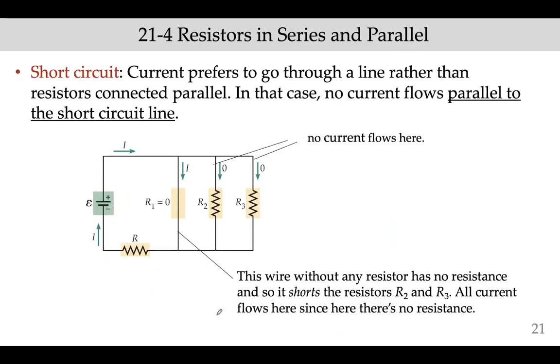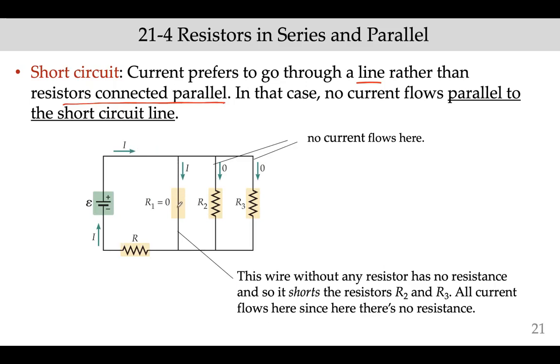Okay, let's talk about short circuit now. Current prefers to go through a wire without any resistance rather than through resistors connected in parallel. So if you have it set up like this, the current would come here.